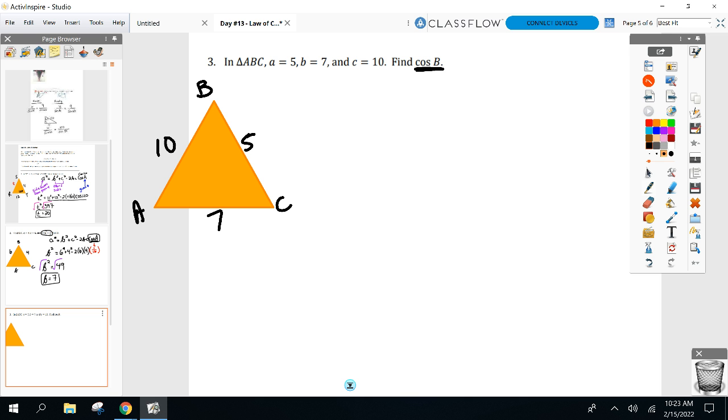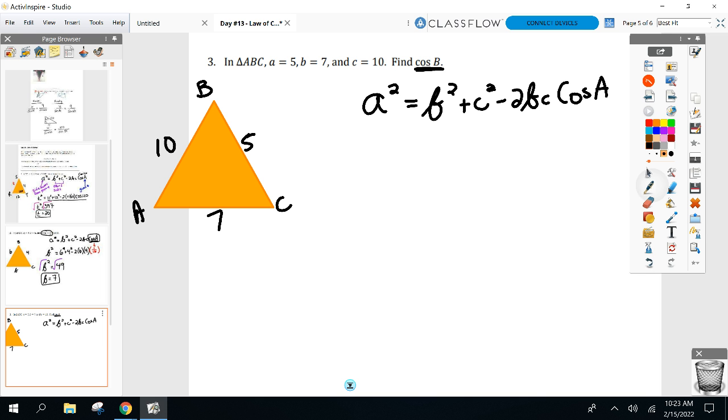Find cosine of B. Now look at the formula. This is what we're going to be solving for now. What is the cosine of your angle equal to? That's what we're solving for.